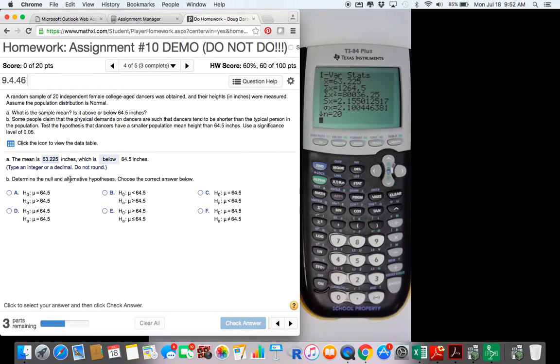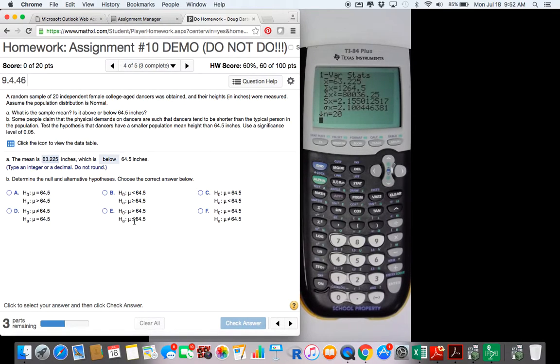All right, determine the null and alternative hypothesis. Now, what we're doing here, some people claim that the physical demands on dancers are such that the dancers tend to be shorter, okay, than the typical person in the population. Test that dancers have a smaller population mean than 64.5. So guys, I'm going down here in my alternative hypothesis and I'm looking for the ones that say less than.